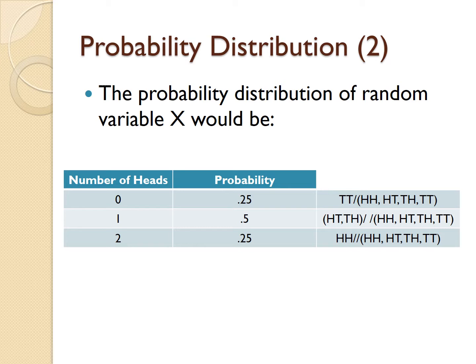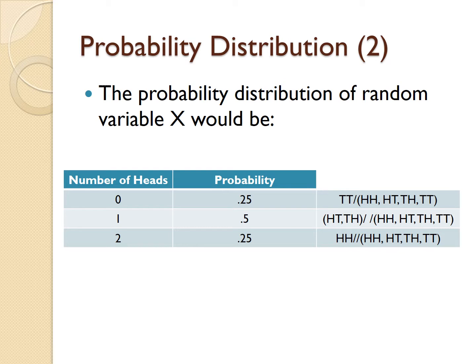If the number of heads is 0 in the experiment, the associated probability would be 0.25, because the outcome would be tail-tail, divided by the 4 possible outcomes for this experiment.